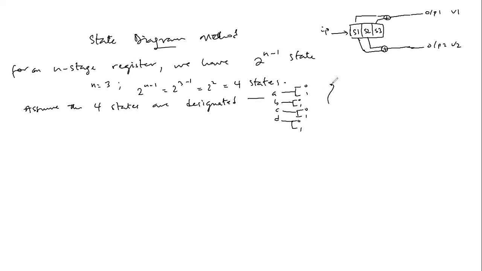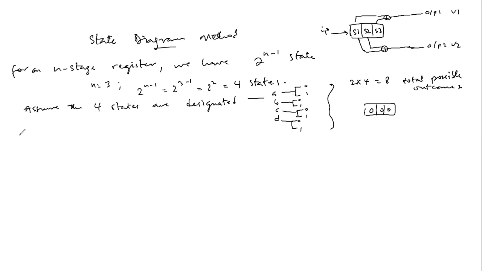So if each state has 2 possible outcomes, then we have 2 times 4, which is 8 total possible outcomes. Okay? Like in the previous example, for an all 0 initial state, that is, we consider the shift registers to be in an initial state of all zeros, then we can design the state table.